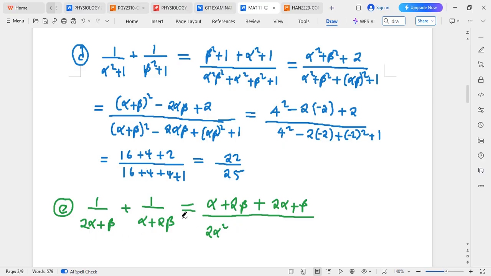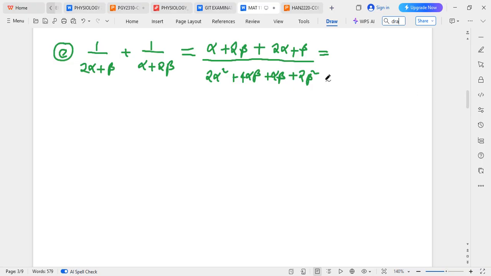And then 2 alpha times 2 beta, that is going to be 4 alpha beta. Then beta times alpha, that is alpha beta. And then beta times 2 beta, that is going to be 2 beta squared.